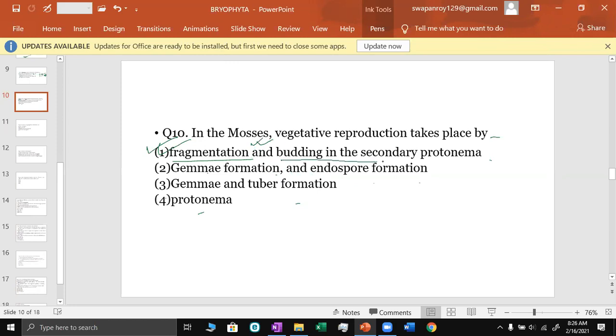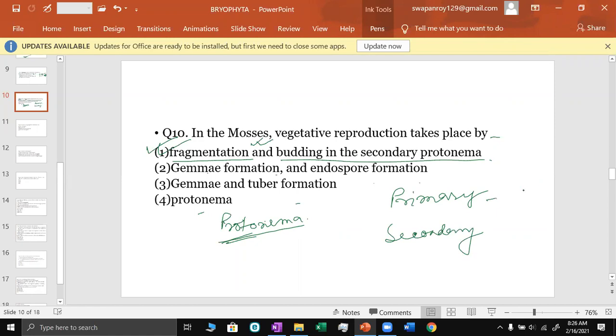And budding in the secondary protonema. I already told you that protonema are filamentous structures, multicellular, filamentous and branched, mostly in mosses. Protonema are of two types, one is primary and another is secondary.